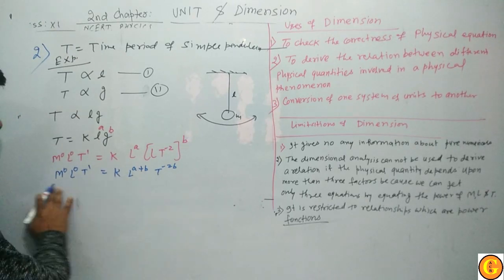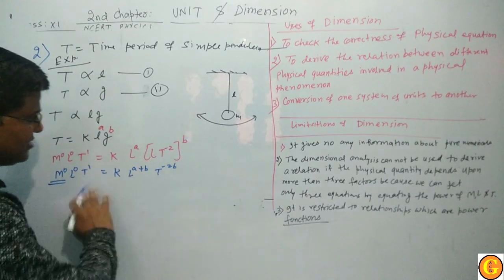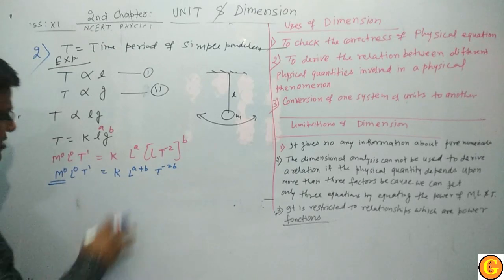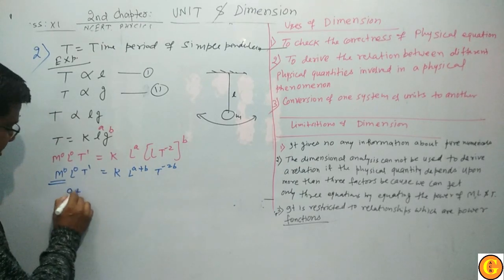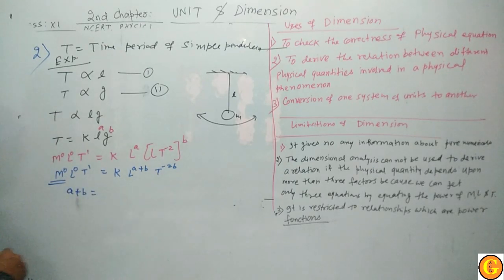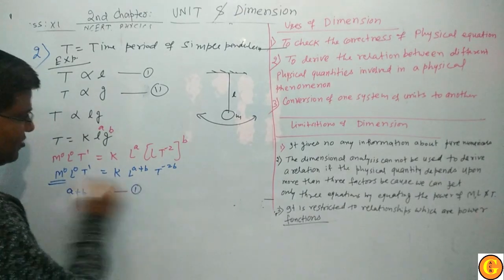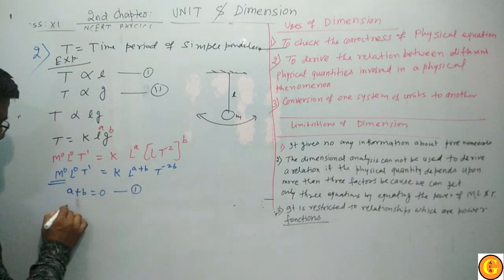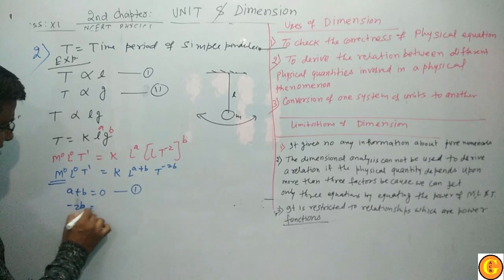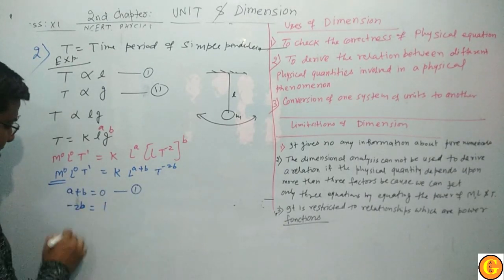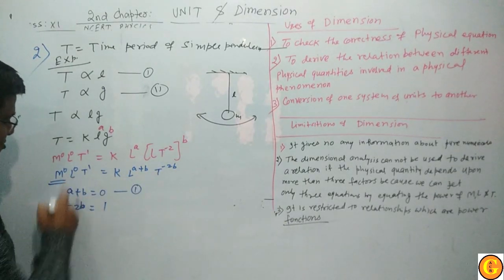Compare: M on the right is M^0, so there is no need to write it. And for L, a plus b is equal to 0, equation number 1. And the second thing is minus 2b equal to 1.